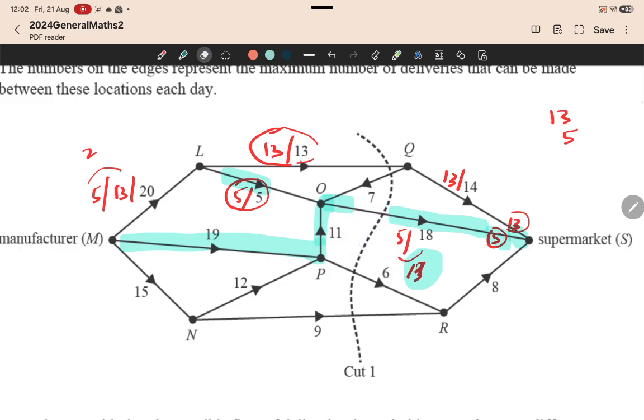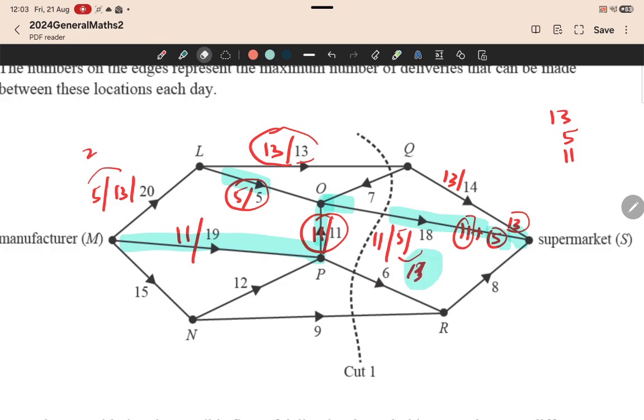And so 11 is the smallest number. So I will allow 11 to go through, and here another 11 and 11 here. So 11 reaches here. Write that there. Now if you look at it, this has reached maximum capacity.